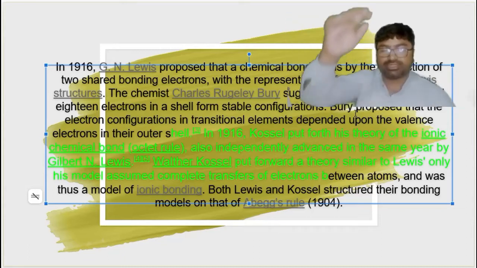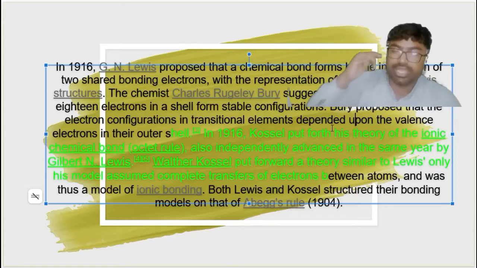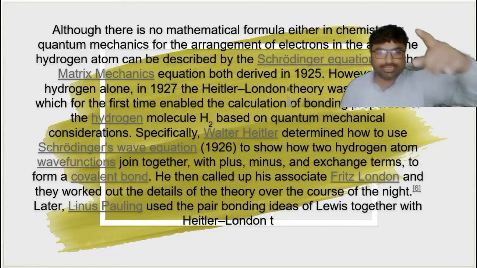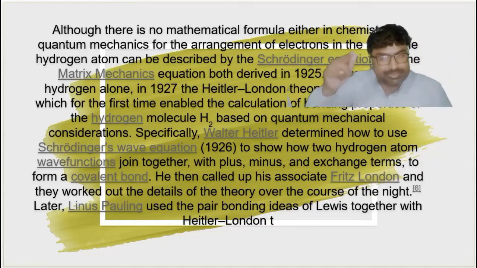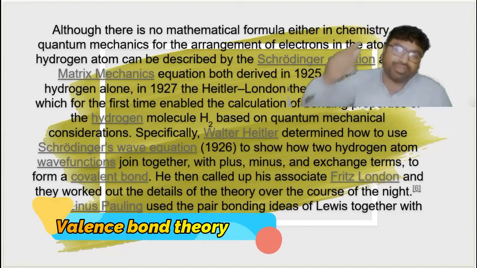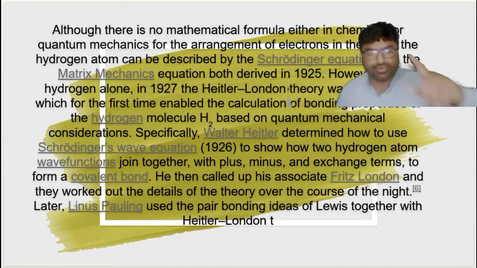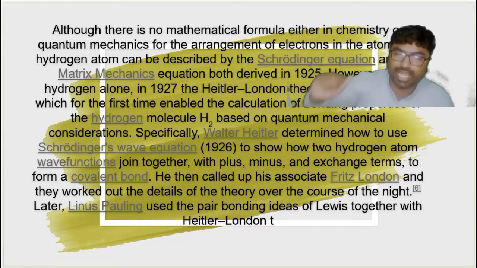Both Lewis and Kossel structured their bonding models on that of Abegg. Although there is no mathematical formula in chemistry or quantum mechanics for the arrangements of electrons in the atom, the hydrogen atom can be described by the Schrödinger equation and the matrix mechanics equation, both derived in 1925.